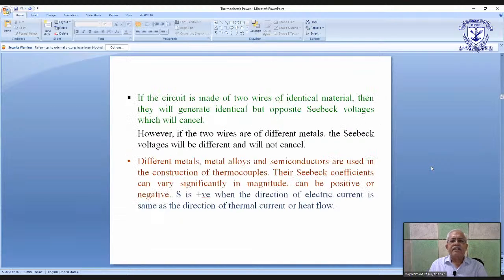Semiconductors came much later. If you make a continuous circuit of two wires of different materials, involving two junctions, by removing the voltmeter from the previous figure, a current will flow because of the heat energy supplied.